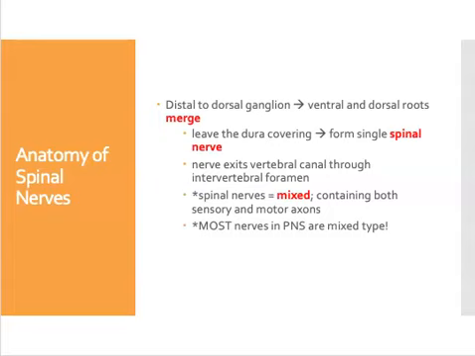The motors are the ones coming out of the spinal cord in the ventral root. So we have a mix once those two roots come together and make the spinal nerve. Remember, not only are spinal nerves mixed, but most of the nerves in the peripheral nervous system are mixed.